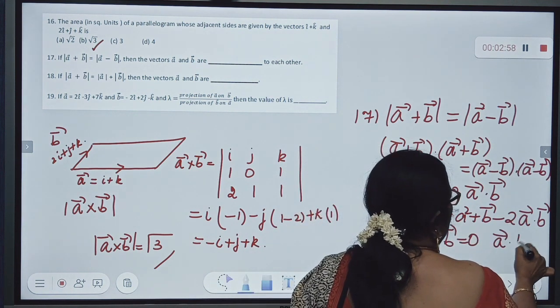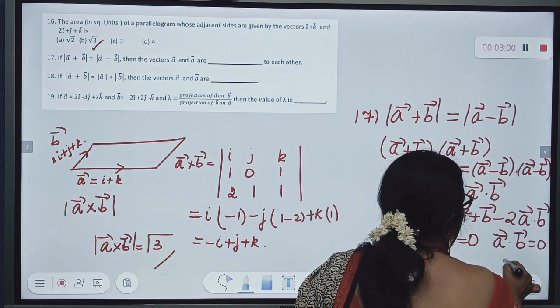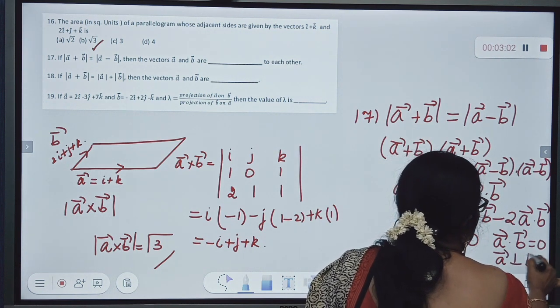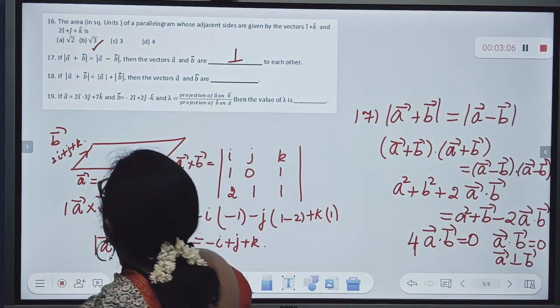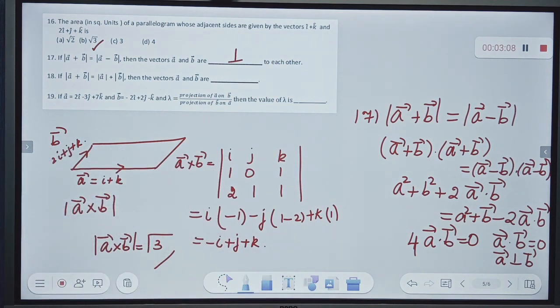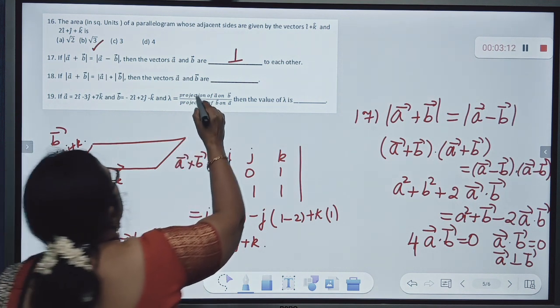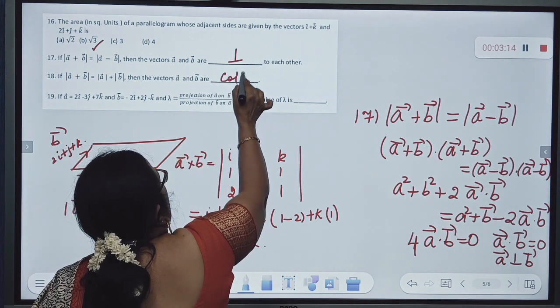A dot B equal to 0 implies A vector is perpendicular to B vector. So they are perpendicular to each other. Now if modulus of A plus B equals A plus B, then the vectors are collinear.